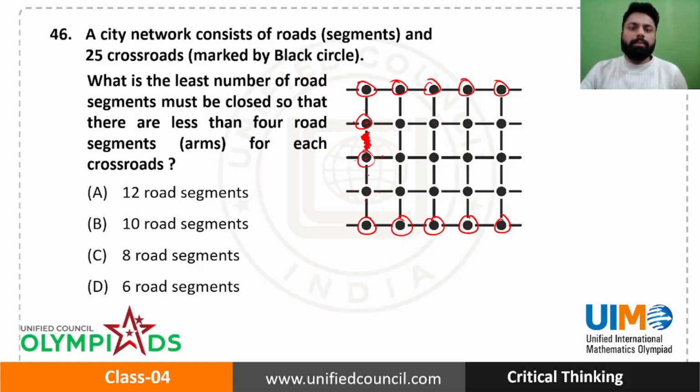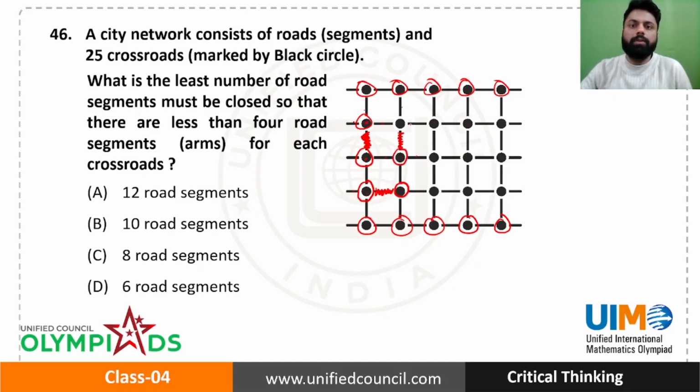Let's suppose if we eliminate this one, it will impact only this. But if we eliminate this one, it will eliminate only this because this is already part of it. So we will neither close this one nor this one. We will close this one. So now this is having 3. This is also having 3. 1, 2, and 3. After that, if we close this one, this is having 1, 2, 3.